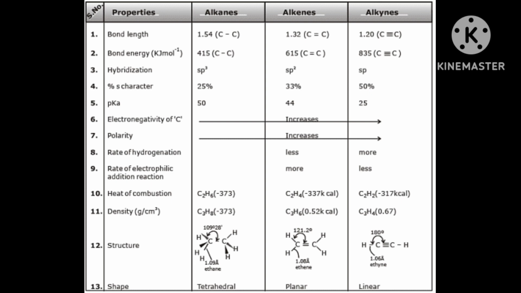The majority of reactions of alkynes are examples of electrophilic addition reaction, meaning E plus. Electrophilic means E plus will come, they require an electrophilic reagent, called an electrophile.